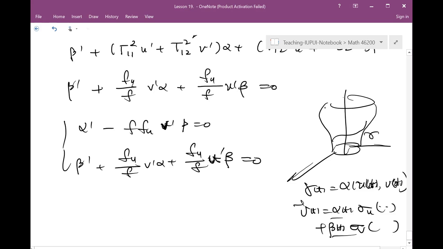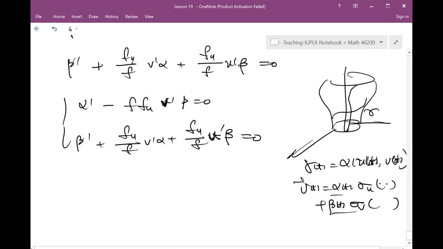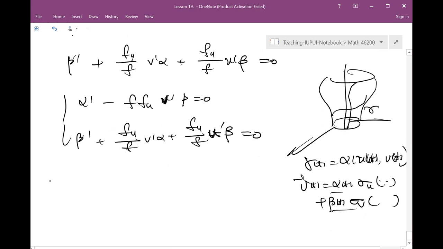I just want to look at any curve around this, and maybe it looks much simpler, the parallel vector. So look at the gamma t.